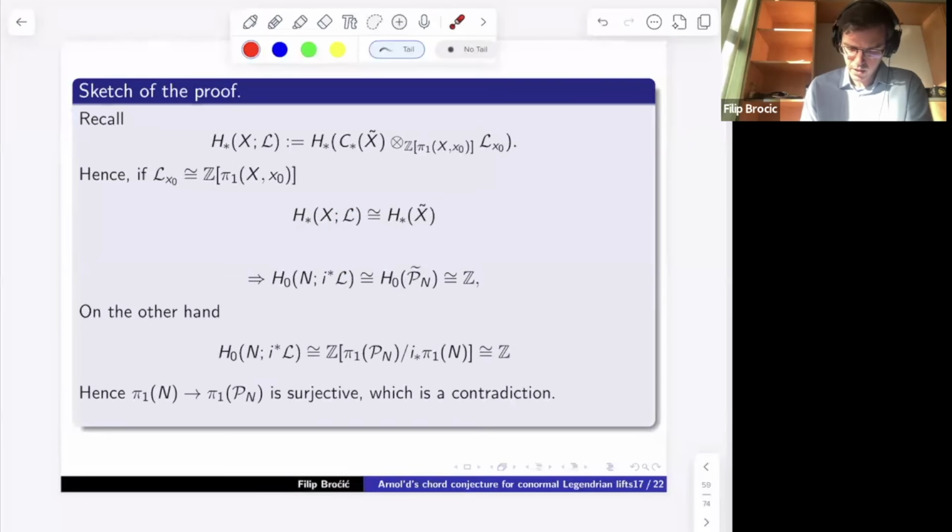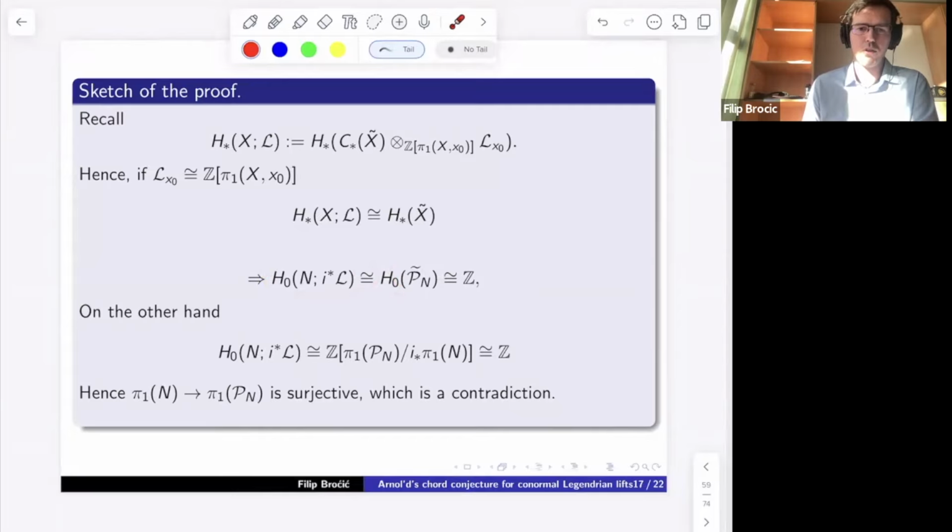And in our particular case, since the universal cover is connected, at degree 0 we have that it's just the set of integers, meaning that the homology at degree 0 of the submanifold with the pullback of the local system is also integers.